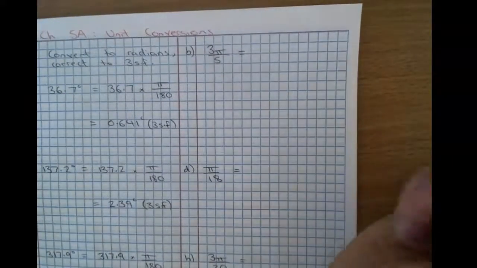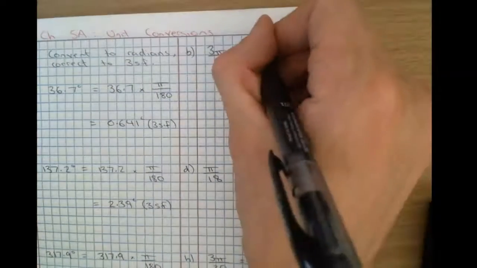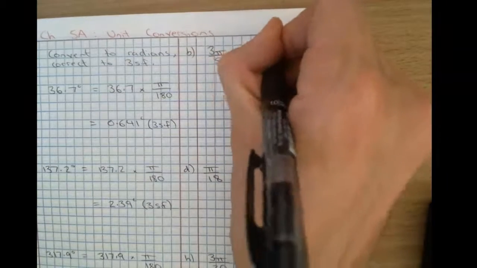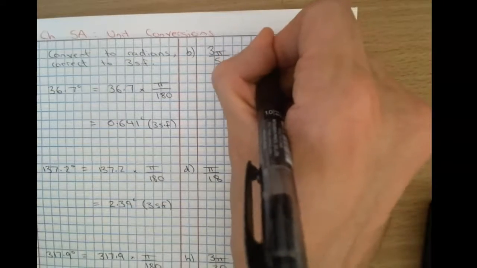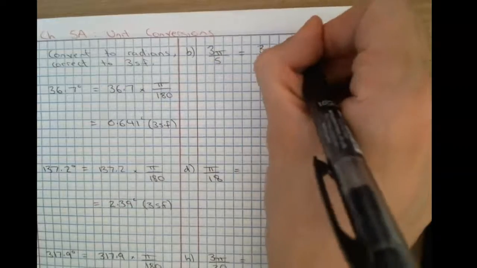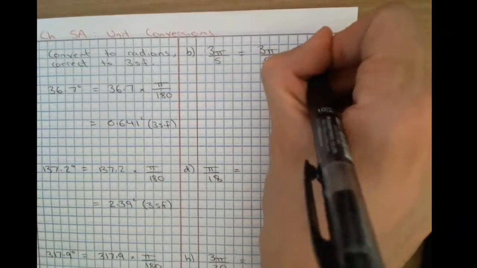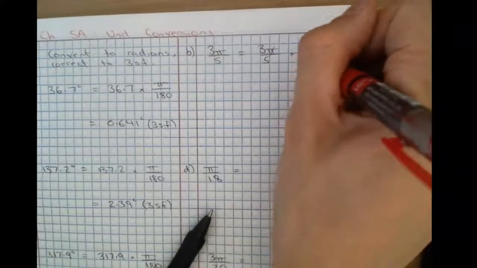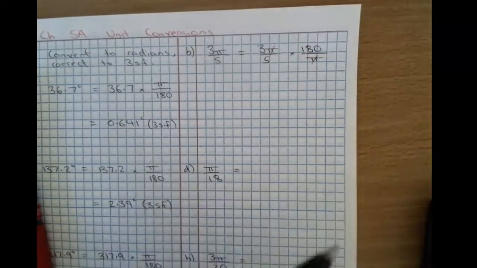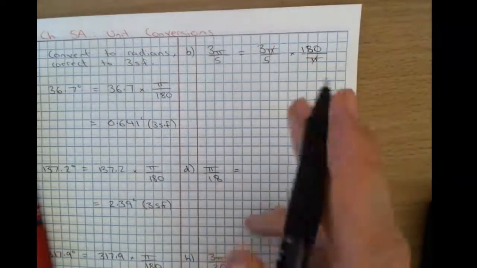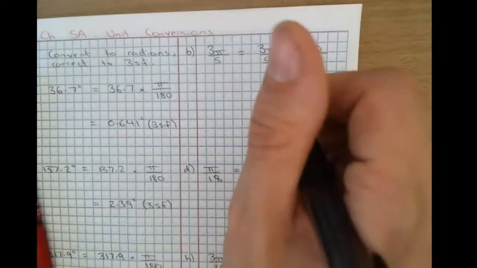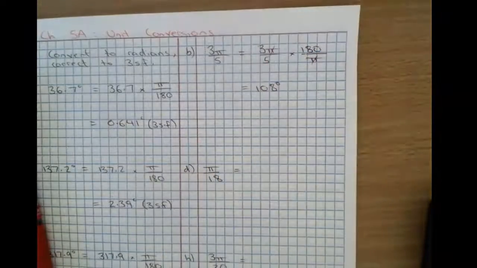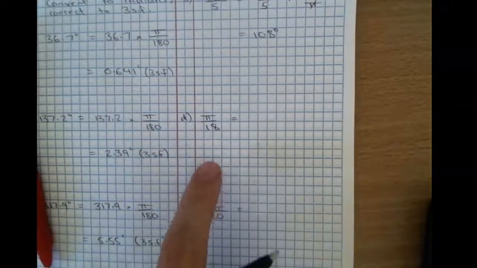Moving on to the next one, if I have 3 pi over 5 and I want to convert that to degrees, it's going to be 3 pi over 5 times 180 over pi. Our pi's will cancel, and it's going to be 3 times 180 divided by 5, which happens to be 108 degrees.